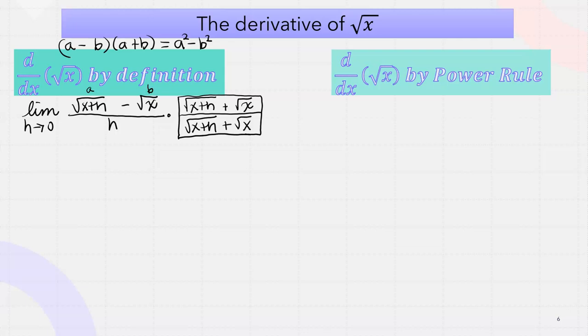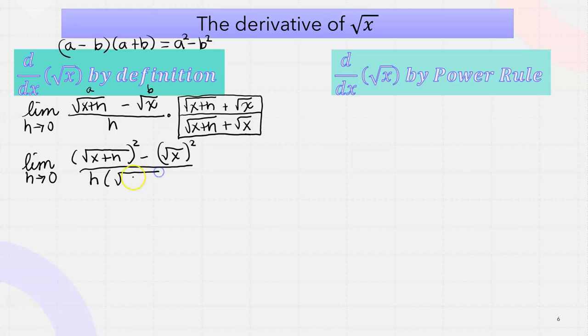So you will have square root of x plus h squared, and squaring will undo the square root, so you will just have x plus h, minus square root of x squared, all divided by, on the denominator, h times square root of x plus h plus square root of x.